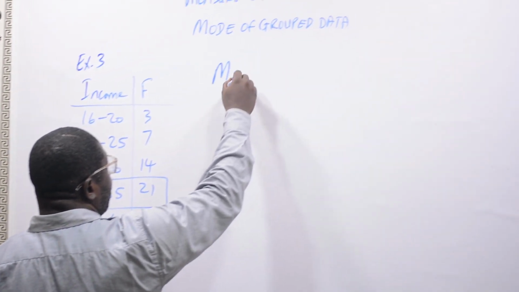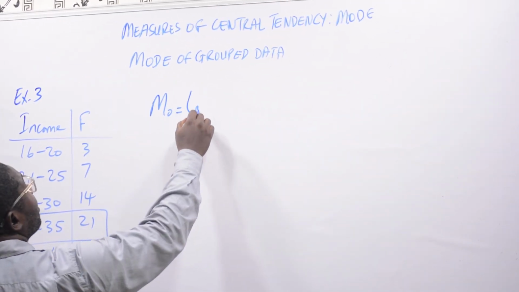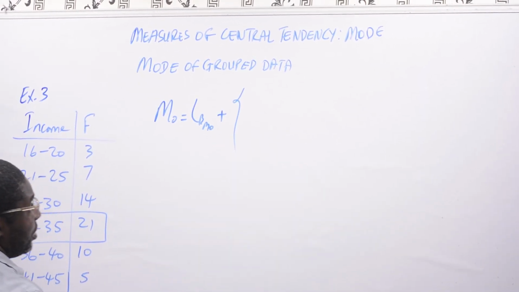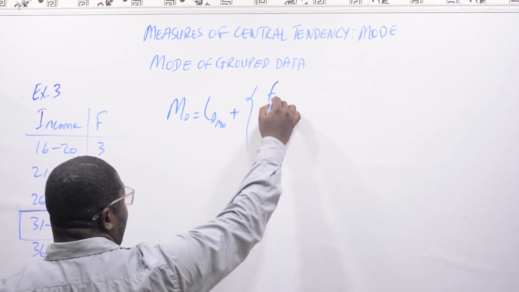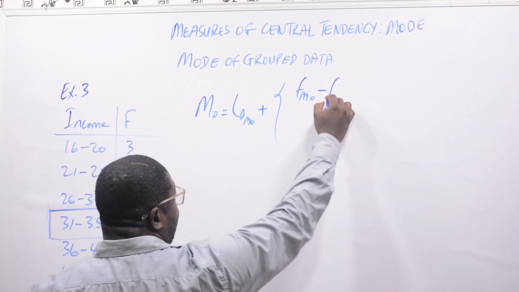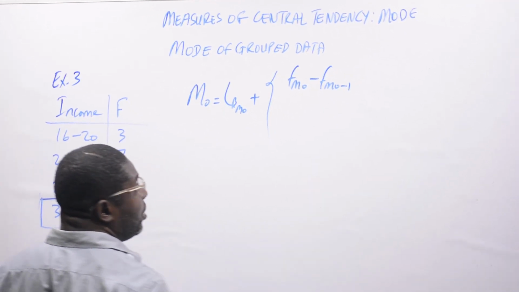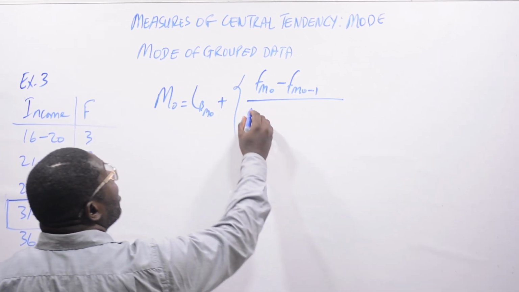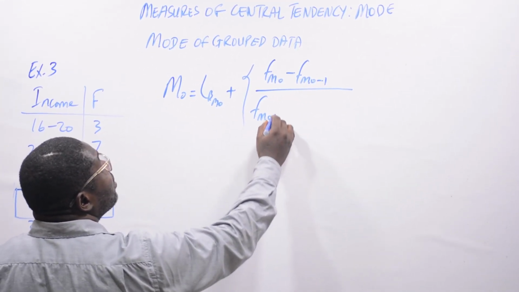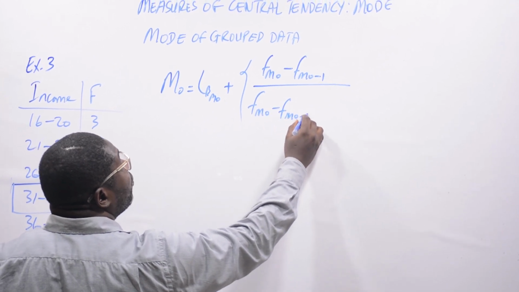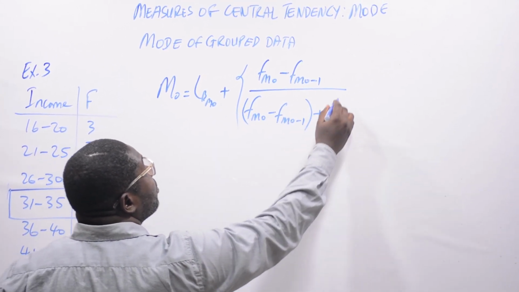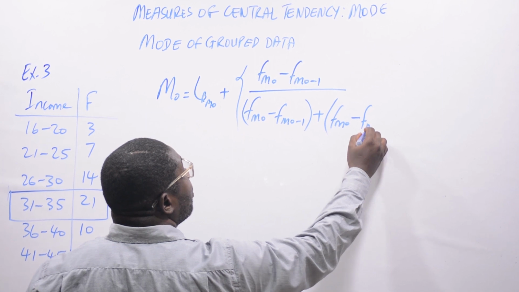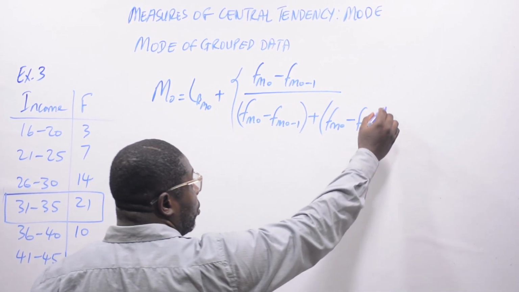The formula for mode is given as the lower class boundary of the modal class plus, I will open the brace, frequency of the modal class minus frequency of the class before the modal class, divided by frequency of the modal class minus frequency of the class before the modal class plus frequency of the modal class minus frequency of the class after the modal class.